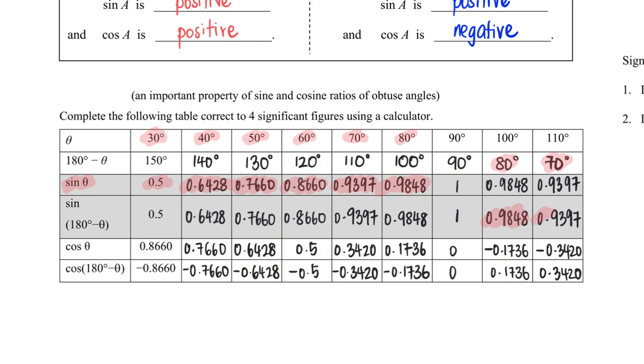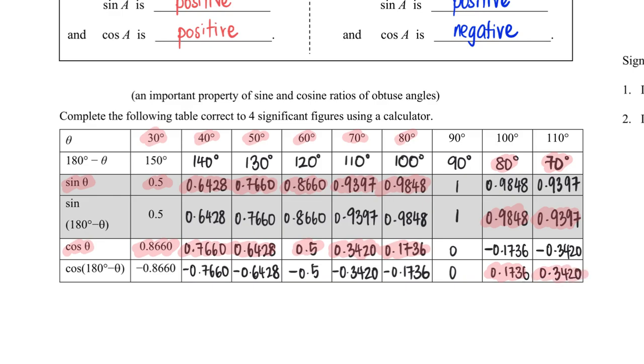Sine of an acute angle is also positive. And when I look at the cosine of an acute angle, it is also always positive, positive throughout, yeah? It's all positive. Cosine of the acute angle.